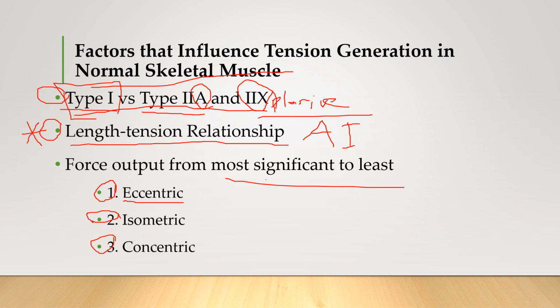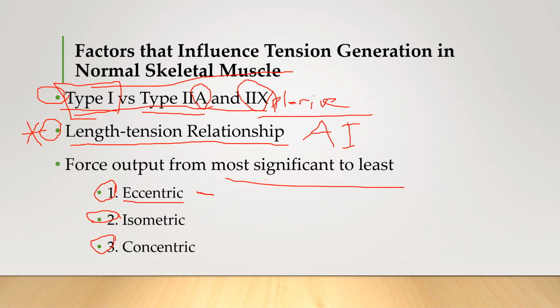But if you think about eccentric movements, this is typically when we start to decelerate our body, at least in functional terms. So we're going downstairs, we're sprinting and we're stopping quickly. As we are decelerating, our body can handle a pretty significant amount of force.